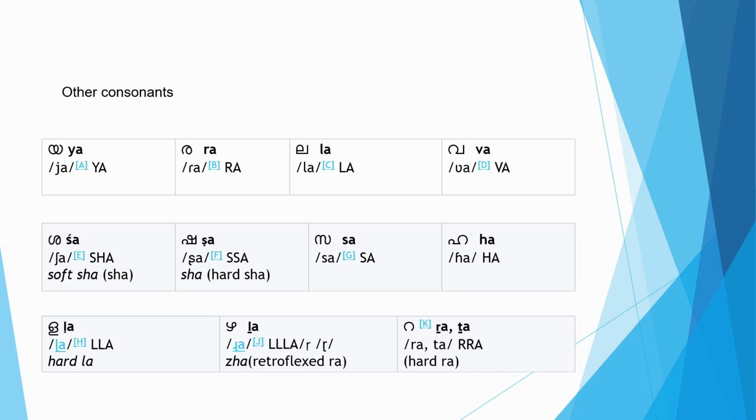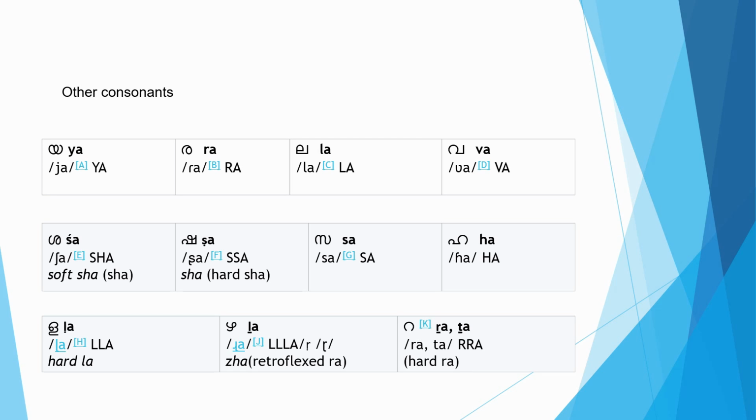Some of them are very difficult to pronounce, like la and ra, but we'll go through them each separately, and we will learn a lot of words involving those particular consonants. That way you can know how they are pronounced properly.